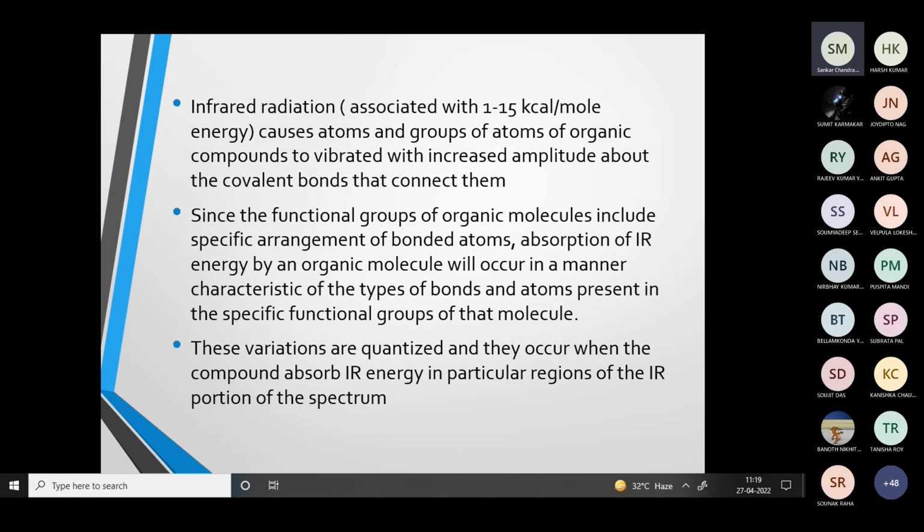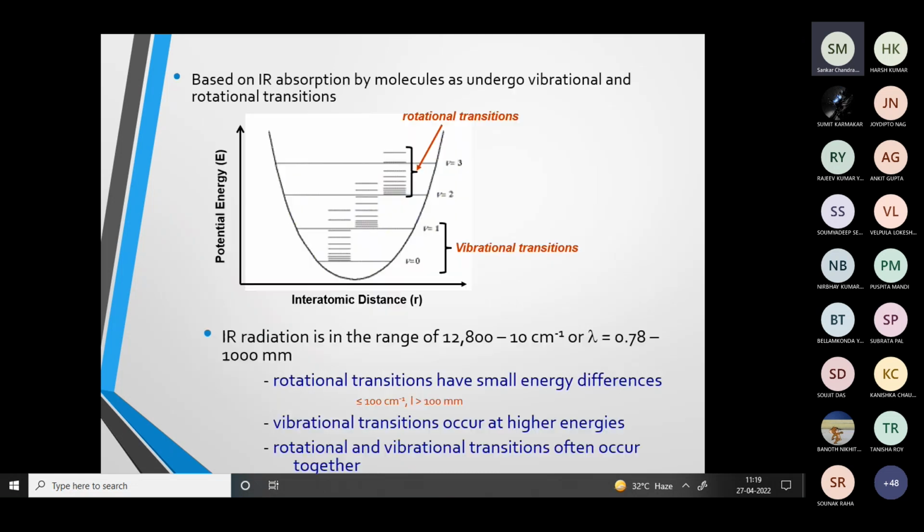This is the characteristic of the compound as well as of the particular bonds, and these variations are quantized and occur when the compound absorbs IR energy in a particular region of the spectrum.